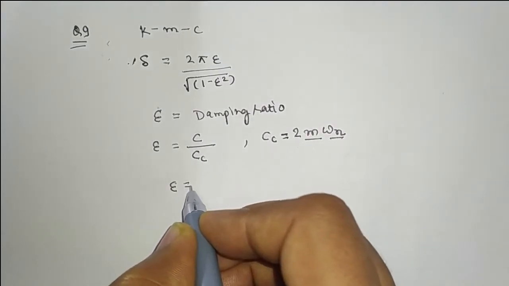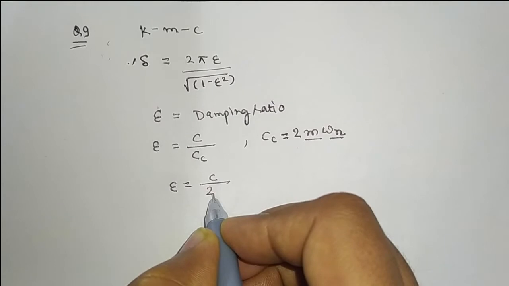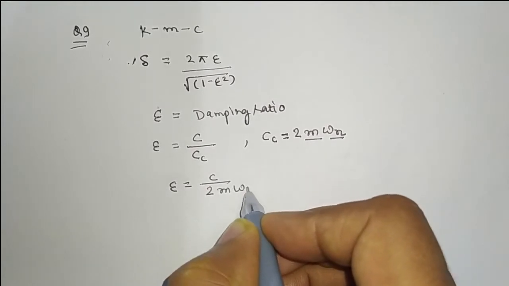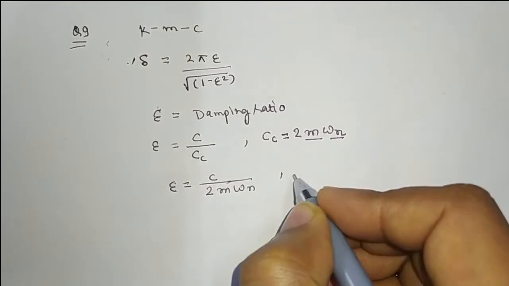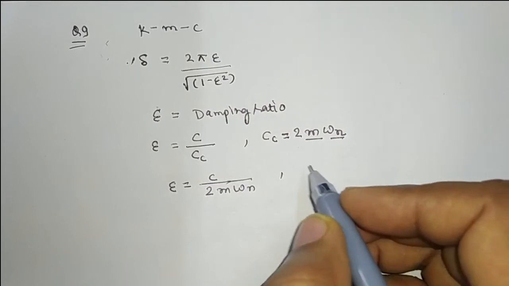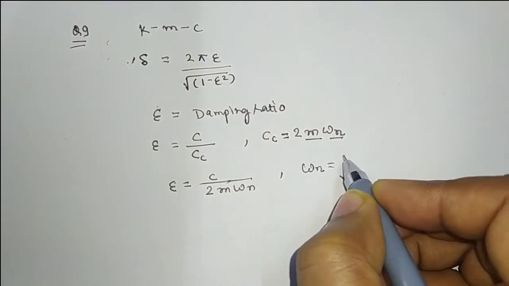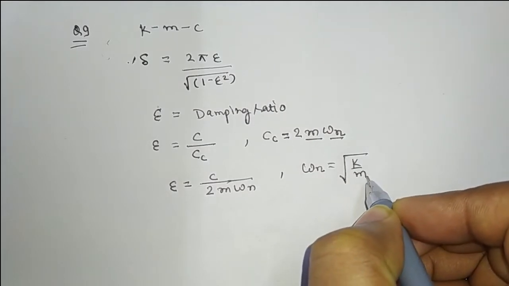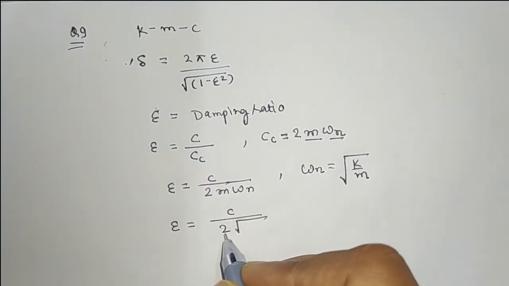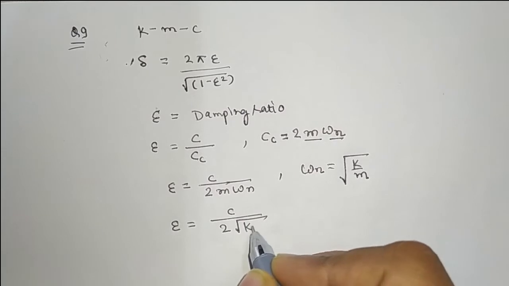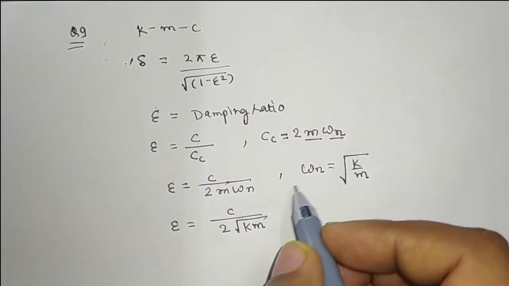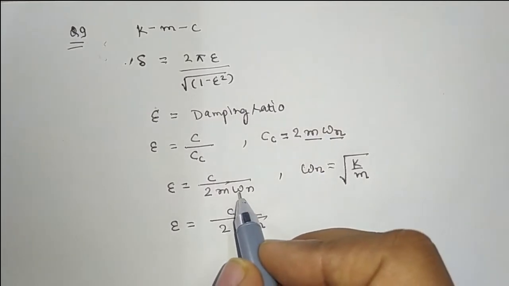So we can write e as C by 2m omega n. For a spring-mass system, the natural frequency omega n is given by square root of k by m. So e will equal C divided by 2 square root of k m. By putting this value here.